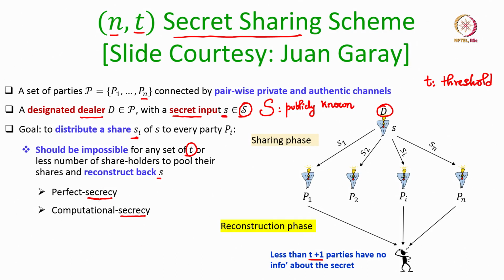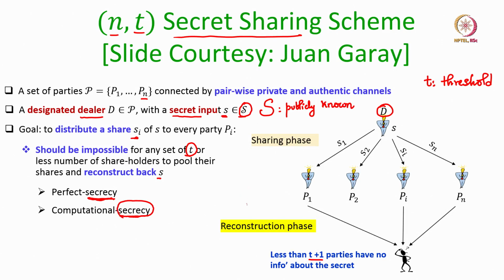So, if the t shareholders are computationally unbounded and still fail to learn what exactly was the dealer's secret, then that kind of secrecy is called perfect secrecy. Whereas, if the t shareholders are computationally bounded and fail to learn the dealer's secret, then the notion of secrecy which we achieve is called computational or cryptographic secrecy.